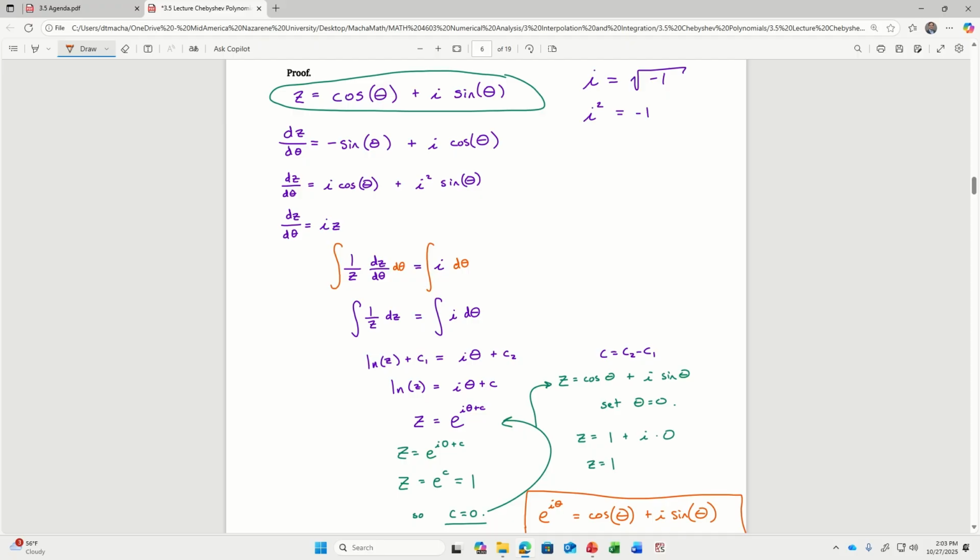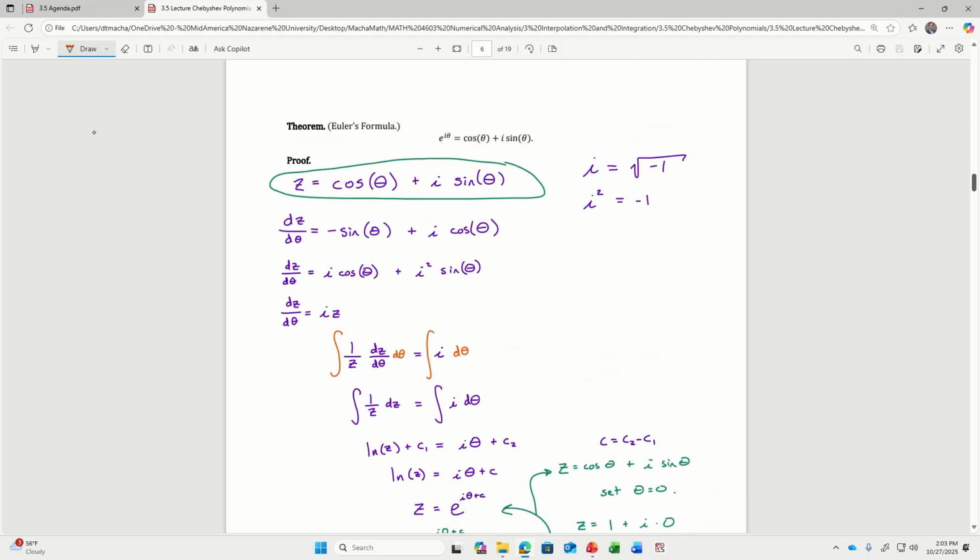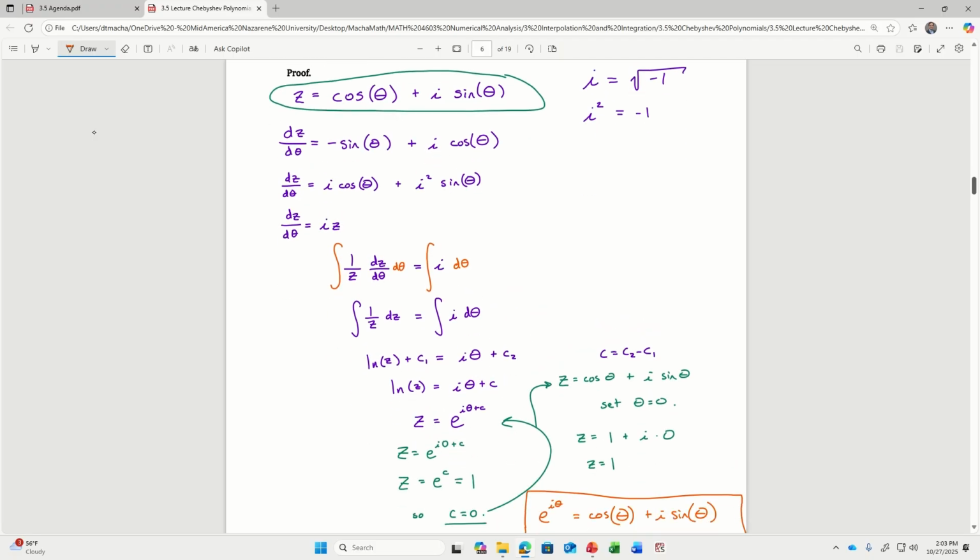The next thing to remember is I need to take the derivative. The next thing is that the derivative should eventually look like I times z. And the next thing is I'm going to take an antiderivative with respect to theta. And then I don't have to remember anything after that because you can just work through it. So there's only maybe 3 or 4 decision points that you have to remember in order to memorize a whole proof like this.